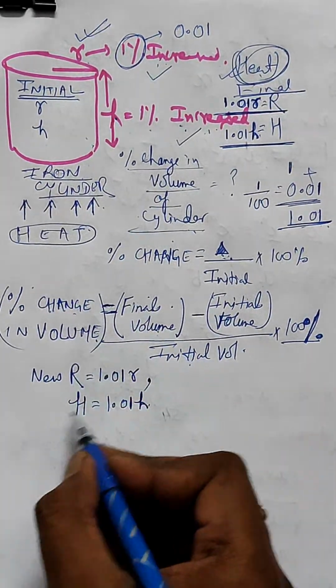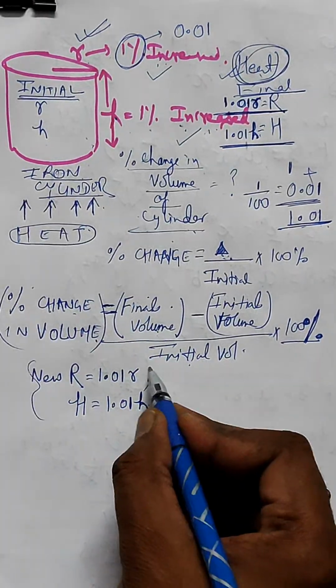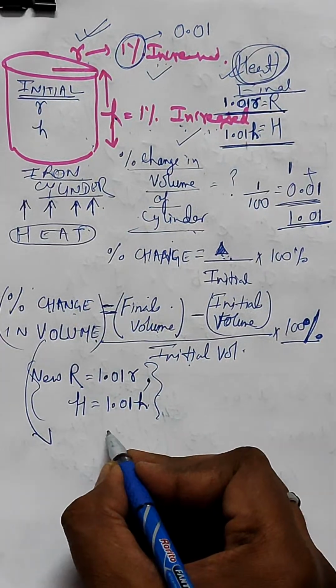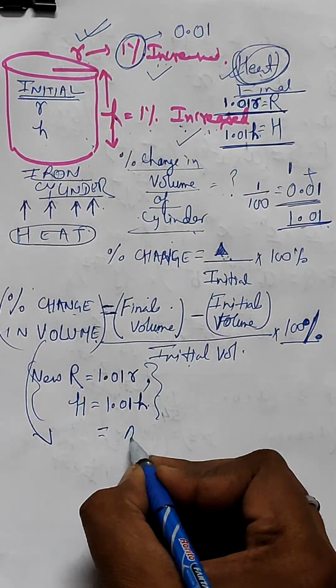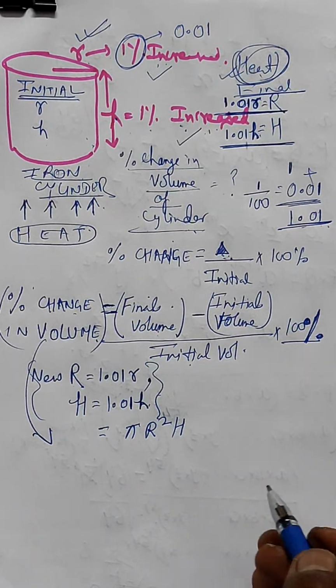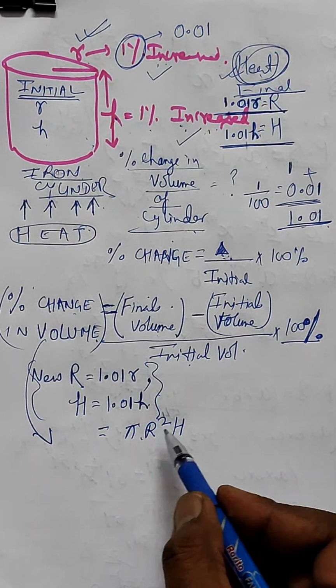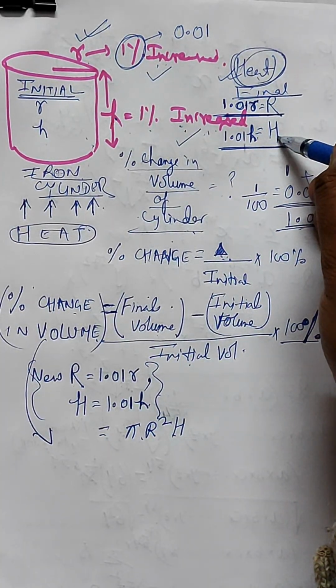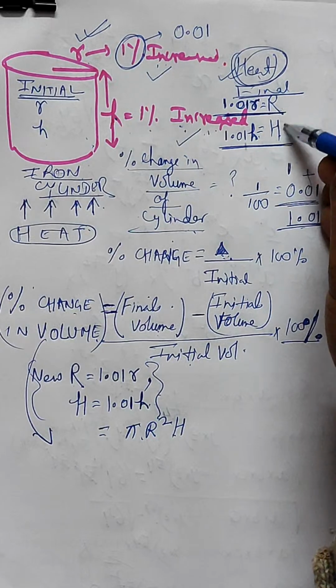Now the percentage change in volume, keeping it in brackets, coming back to the earlier line again, will be pi R square H, that means the cylinder with capital R and capital H dimension. How did this come?